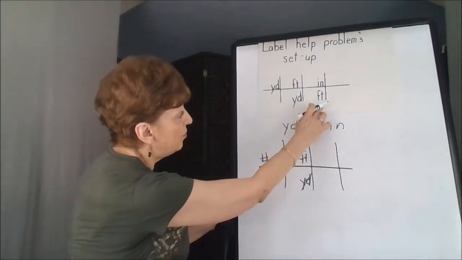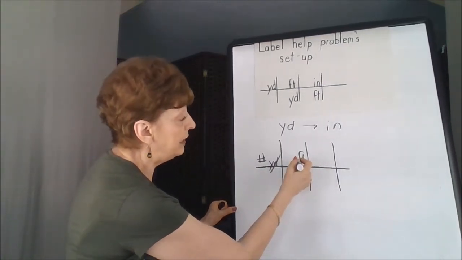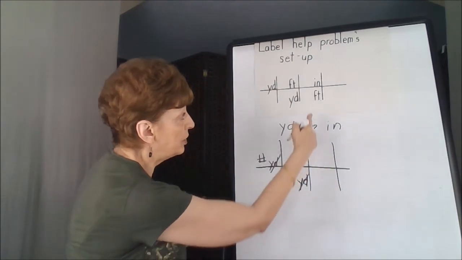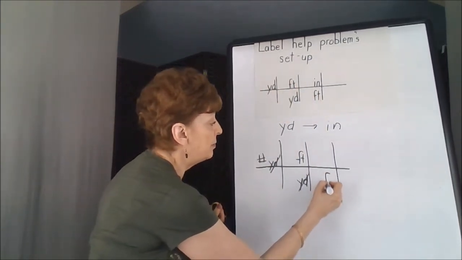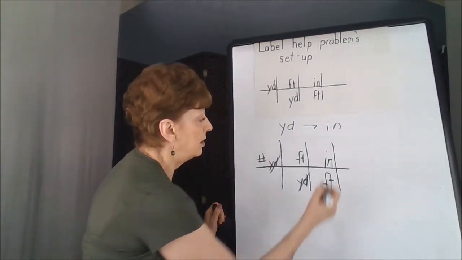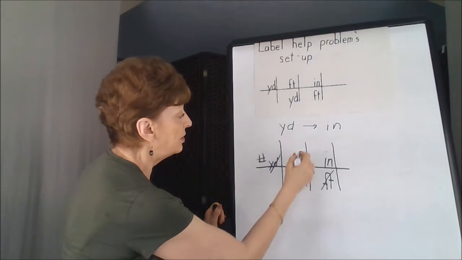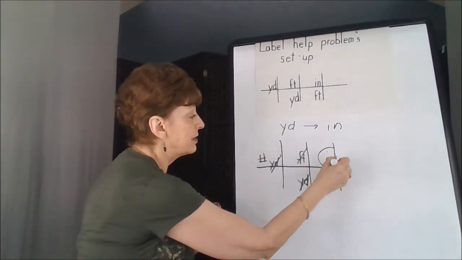If we move over again, we've got inches and feet. The feet has to be here if we're going to cross out these two labels. So we're going to put feet on the bottom this time and our inches here. Now we can cross out the feet labels, and we're left with only the inch.